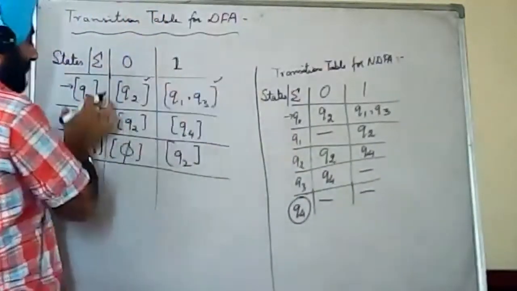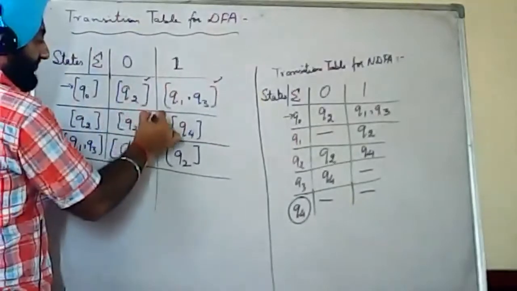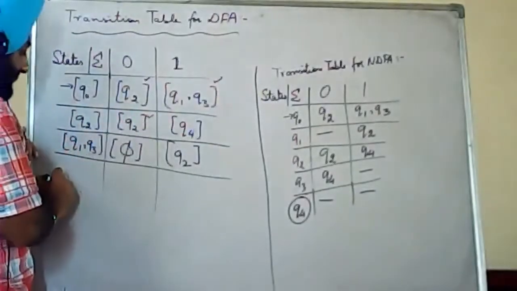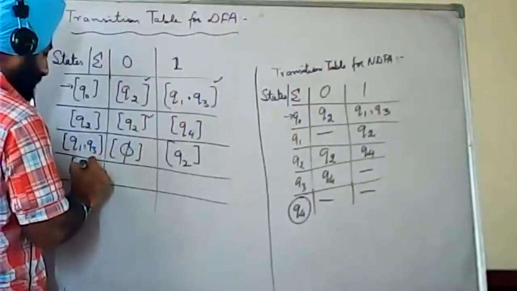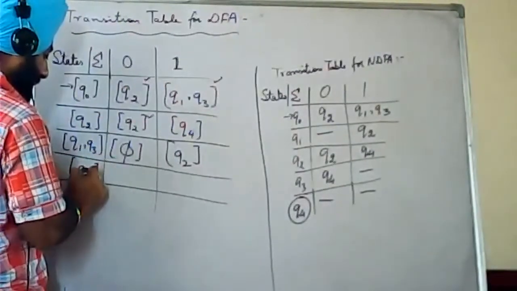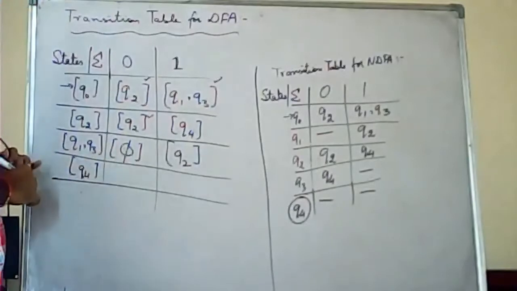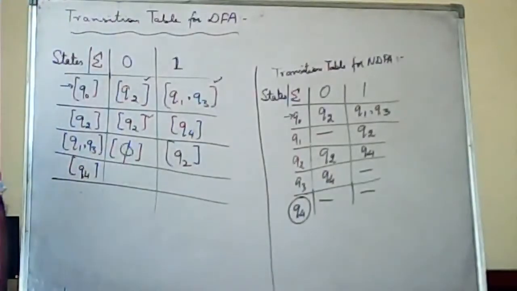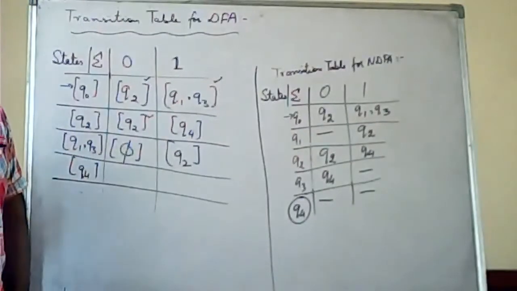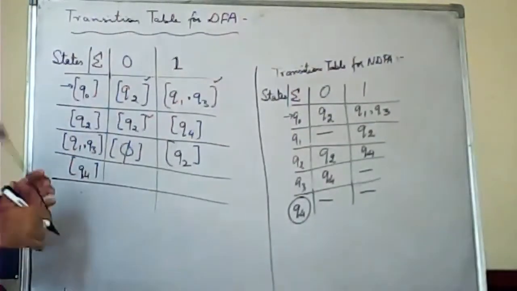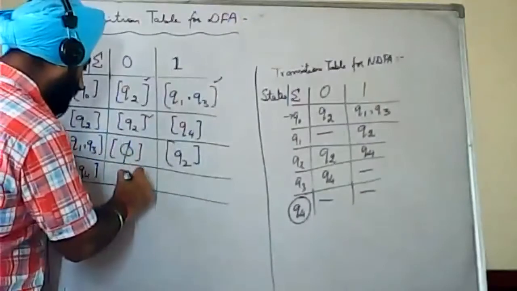So this has been written on the left hand side. This has also been written. Then the turn is for the next state, which is your Q4. So Q4 upon the processing of 0 and 1 is going nowhere. So which means that your table is completed.